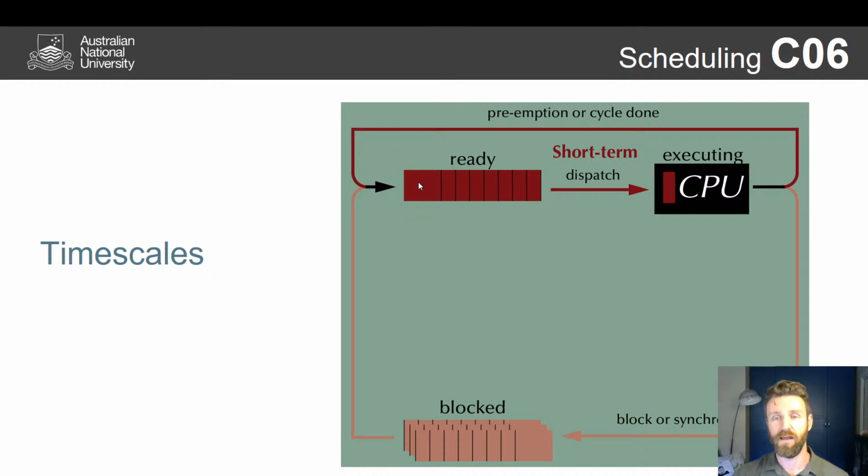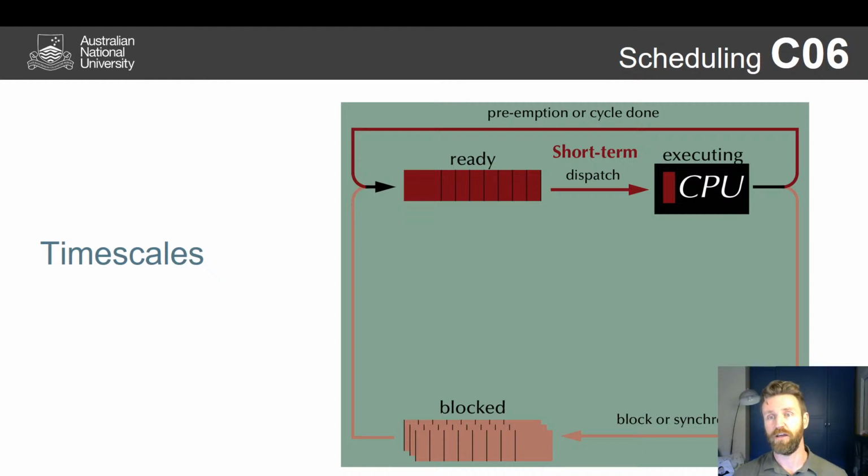And then we also have the possibility for processes to be blocked waiting on some external stimulus. For example, a process performs some long-running I/O operation, and so it's blocked until that operation completes.